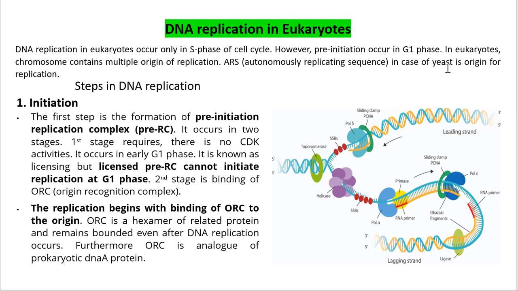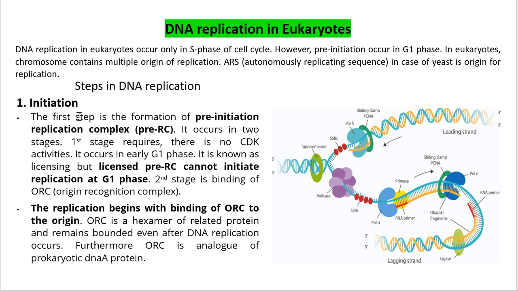For example, in yeast, ARS or autonomously replicating sequence is the origin site of replication. If we observe the steps of DNA replication in eukaryotes, it has three main steps like prokaryotes: initiation, elongation, and termination.